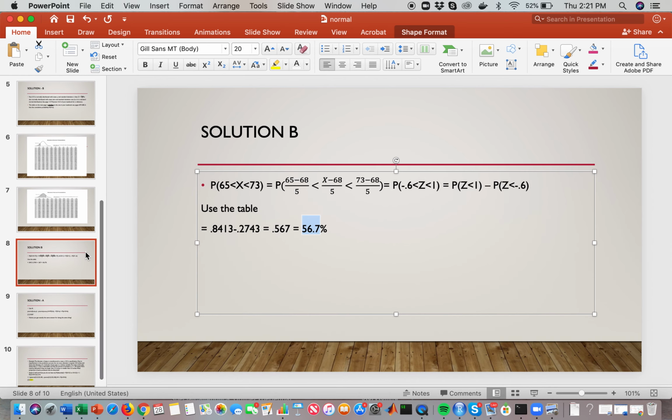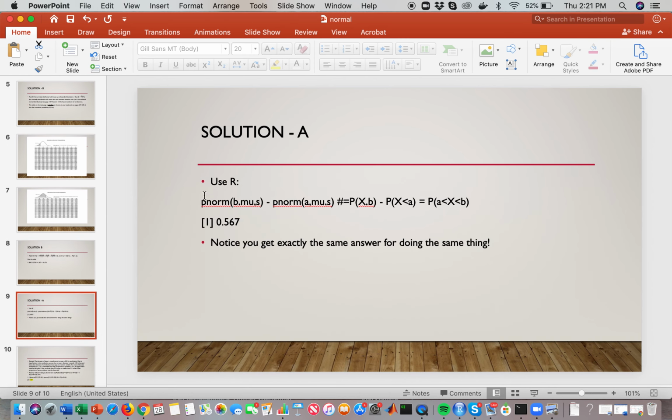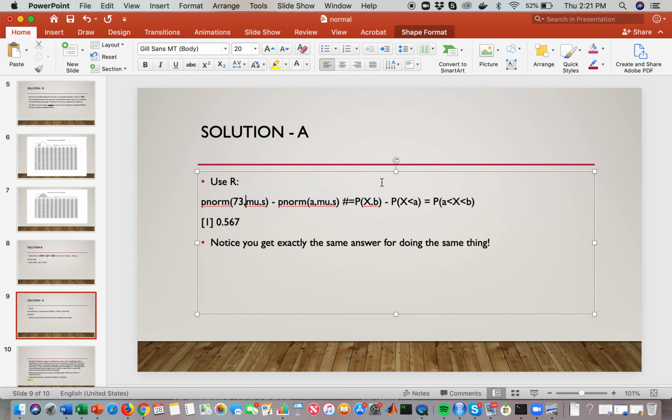Now here's how I do it in R. I can take the cumulative, that would be the top, minus the bottom. So this would be the probability of 73 inches right here. And this would be the probability of 68 inches. And I should fill in those values.